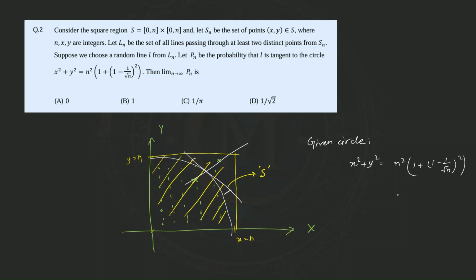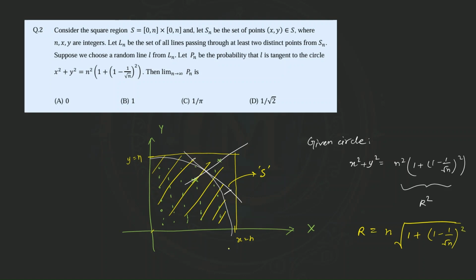Now this is our r square, because we know the standard equation of a circle is x square plus y square equal to r square. So if we check this r, we get r is equal to n under root 1 plus (1 minus 1 by root n) whole square.